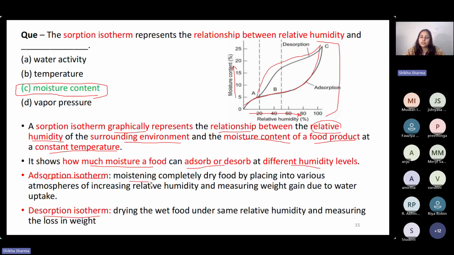So the adsorption isotherm is for moistening the food: moistening of the completely dried product by placing it into various atmospheres of increasing relative humidity.